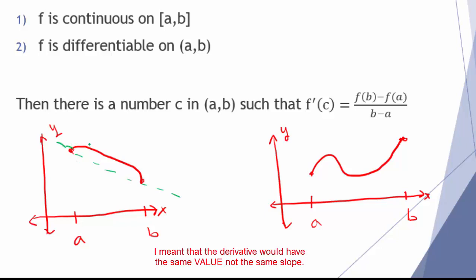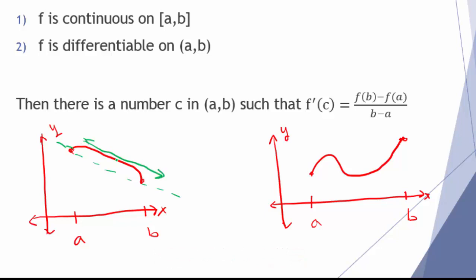In this particular case, it's a pretty bad drawing, but let's say it's right about here, give or take. That would be my c for this particular graph.